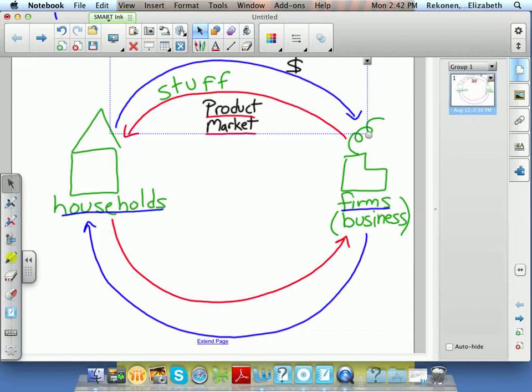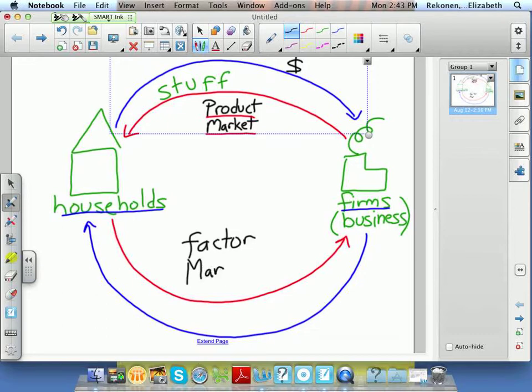Now, below is called the factor market. You guys should know by now about the factors of production. It is called the factor market because it is a place where factors of production are bought and sold.